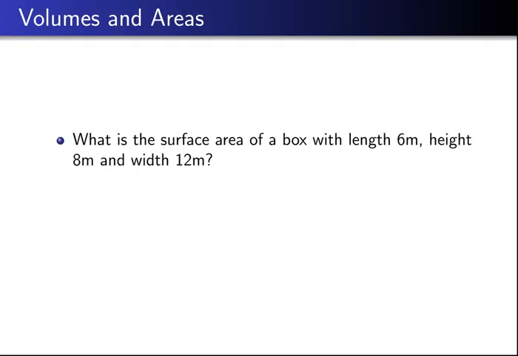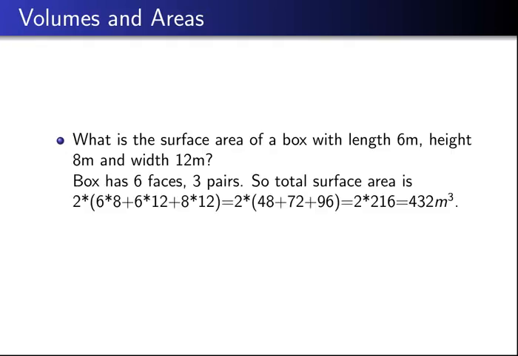And finally, what is the surface area of a box with length 6 meters, height 8 meters, and width 12 meters? So basically the same question as we had last week, just with different values. So the box has 6 faces, or 3 pairs of faces.